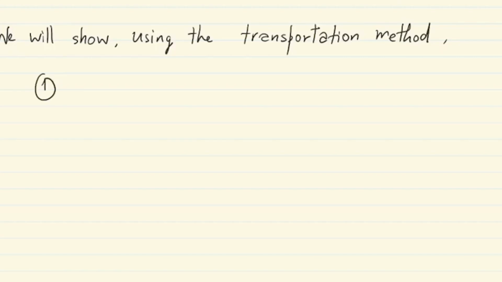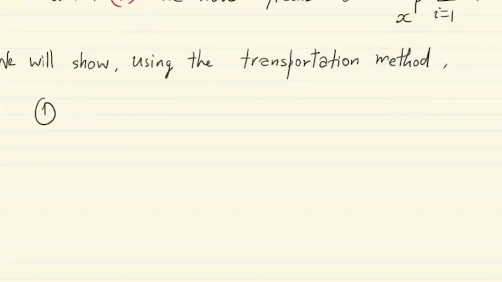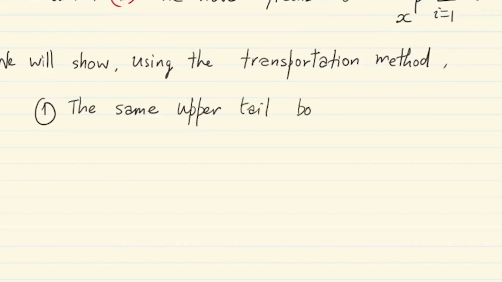One is we will recover the same upper tail bound here using ideas purely from optimal transportation, the same upper tail bound for Z as above.